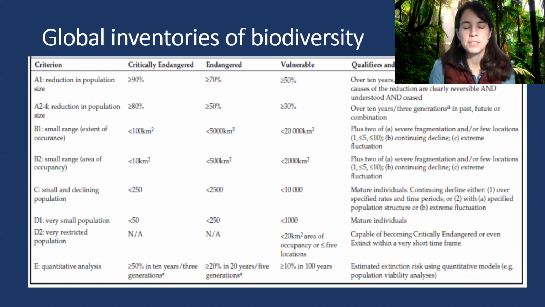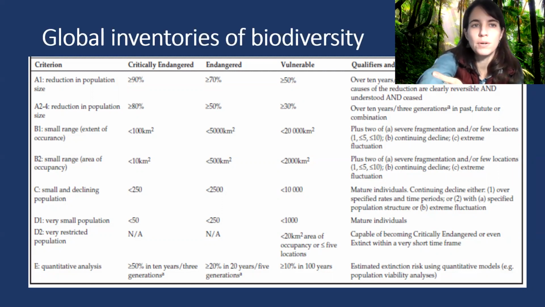So we can look to the IUCN for this type of information too. But here's how the IUCN decides whether species are vulnerable, endangered, or critically endangered. And you can see that like all of these criteria, so to be vulnerable, they have to have had more than a 50% reduction in population size over 10 years, right?